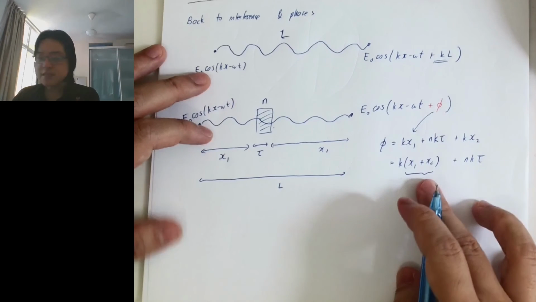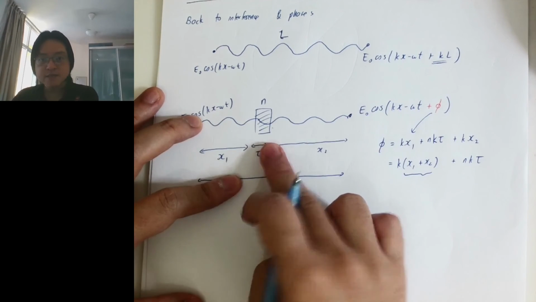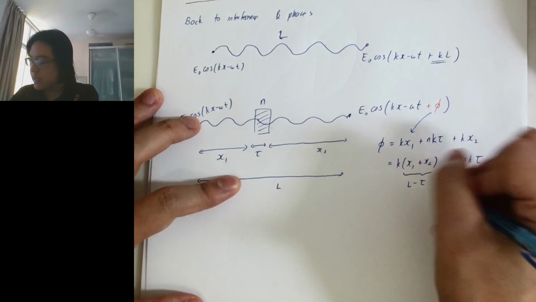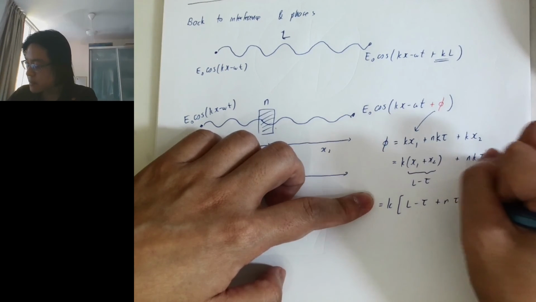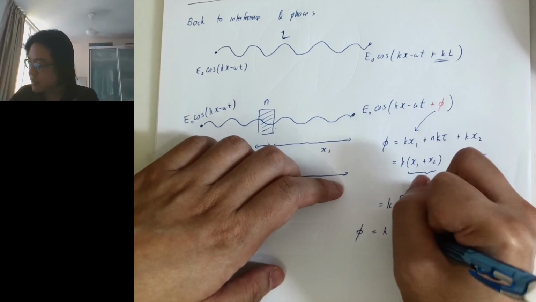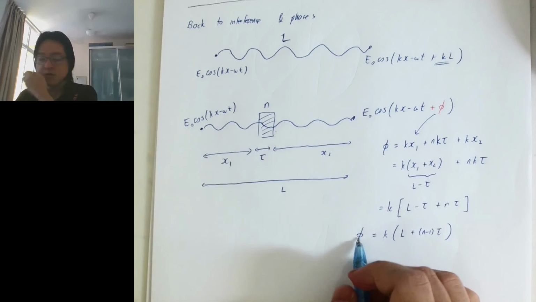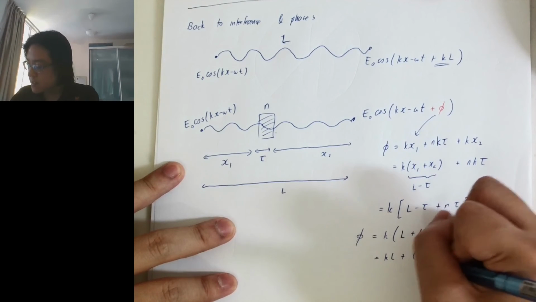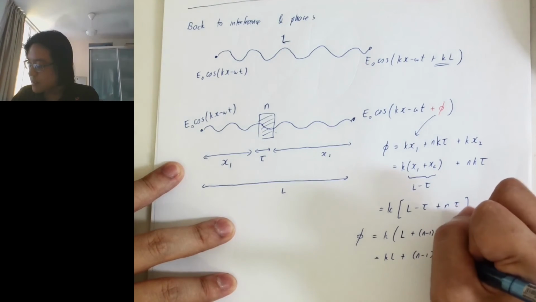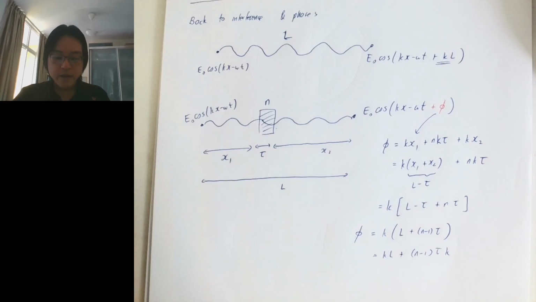Now x1 plus x2 is just the total length minus tau, and I can factor out k, so I get k(L minus tau plus n tau). So my phase change after traveling through this block is kL plus (n minus 1) tau k. Whichever formula you prefer to use. That is what we were talking about last time.